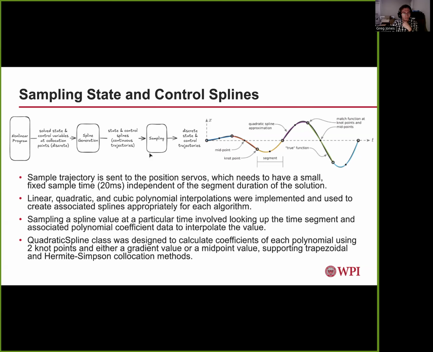And then these continuous trajectories need to be sampled. So I mentioned previously they're sampled at a fixed time of 20 milliseconds, and this duration was independent of the duration used for the trajectory segments. So you could change the number of trajectory segments and the sample time wouldn't change.